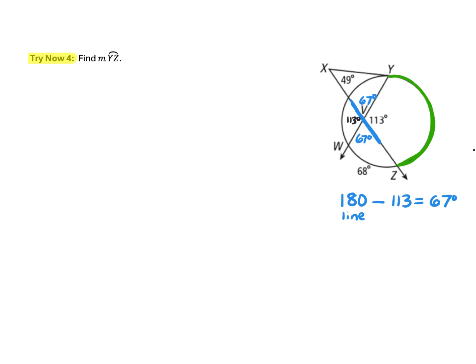Now let's see if we can find the measure of YZ. The first thing I'm noticing is there's a triangle right here. And if there's a triangle, we might not really need to use as many rules if we can use what we know about triangles. In triangle XYV, all three angles must add to 180 degrees.